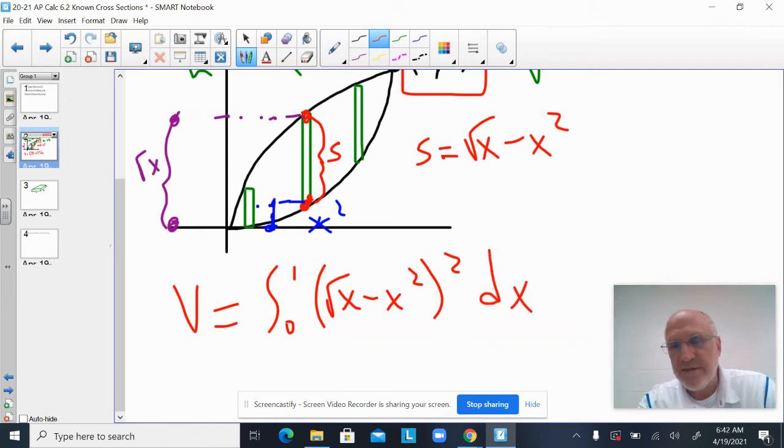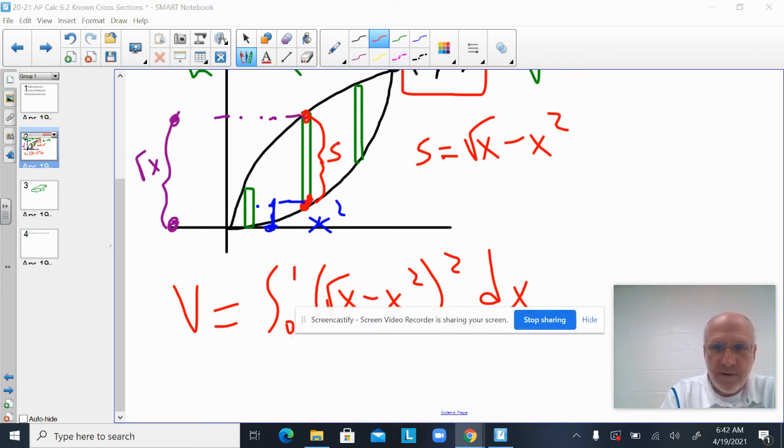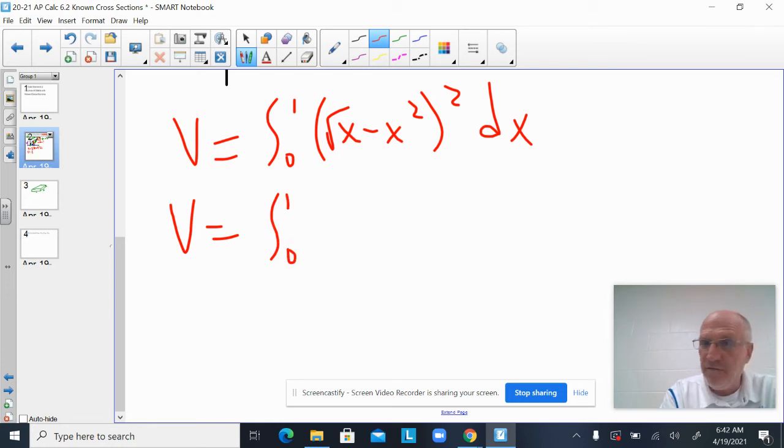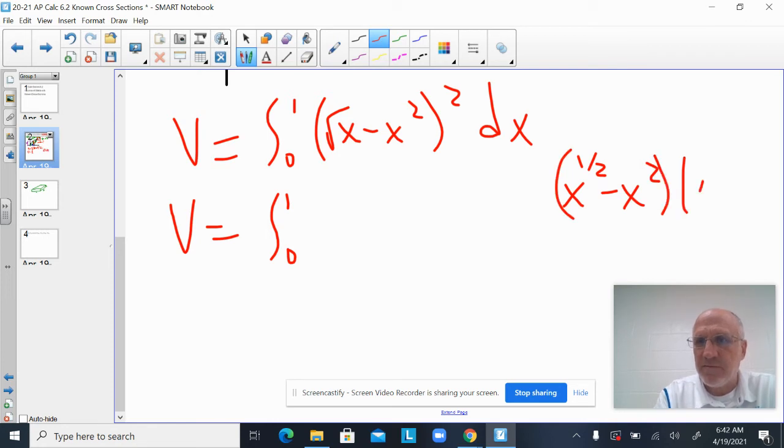And just like the last ones, now it's just a matter of taking the integral. Okay, so now I need to do some algebra first. I am going to multiply root x minus x squared by itself. I'm rewriting it like this, and I'm just distributing.